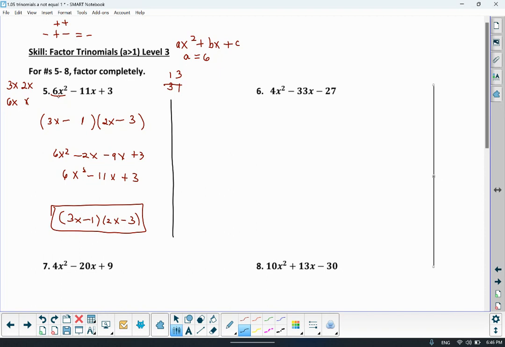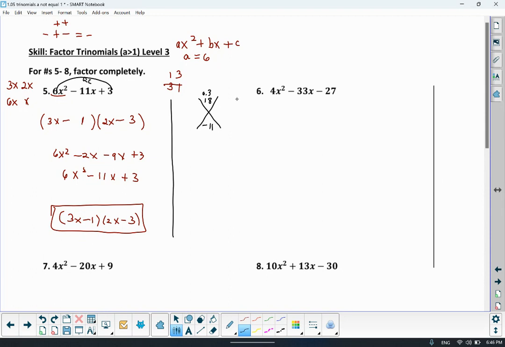What the split the middle technique does is similar to the regular sum product, but with a couple of differences. Instead of looking to multiply out to that last term, you're actually looking to multiply out to a times c. So in this case, the 6 times the 3, or 18. And you still want to sum to a negative 11.